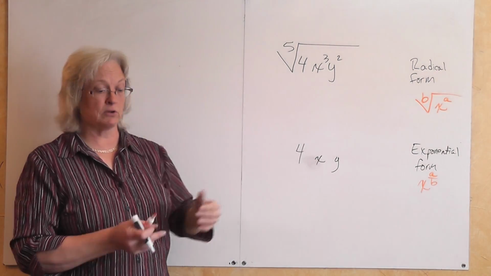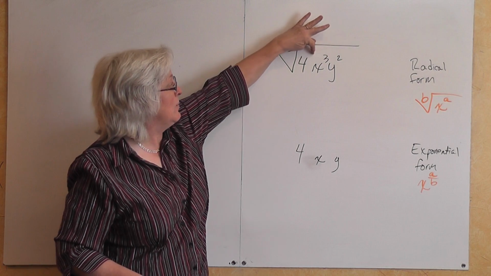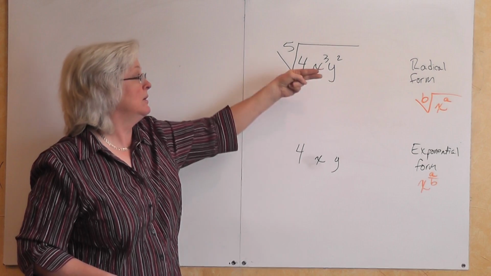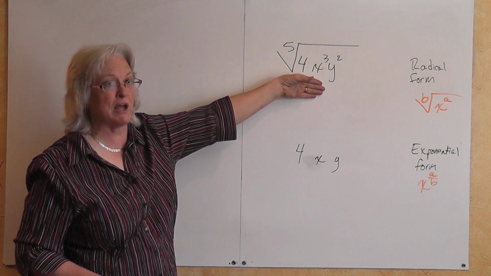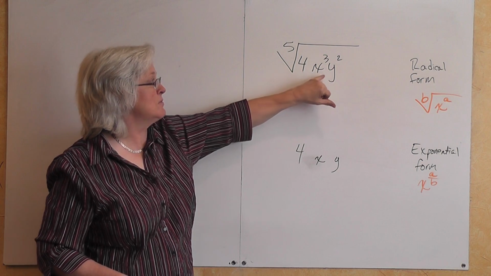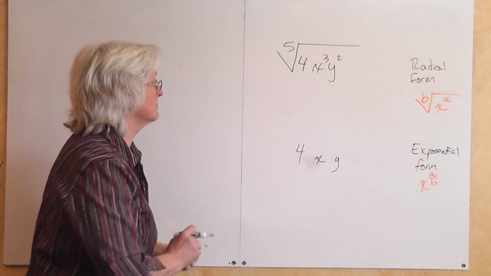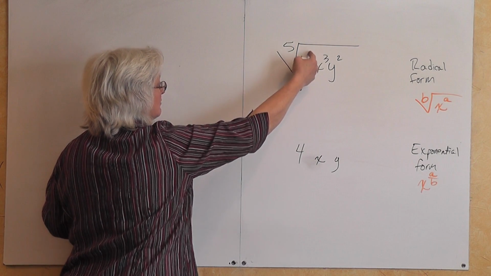How do we determine what the numerator is? The numerator is the power of that factor within the problem, underneath the radical sign here. We have this radicand. You have each individual factor in the radicand. The power is the numerator. Or the numerator is taken from the power here.